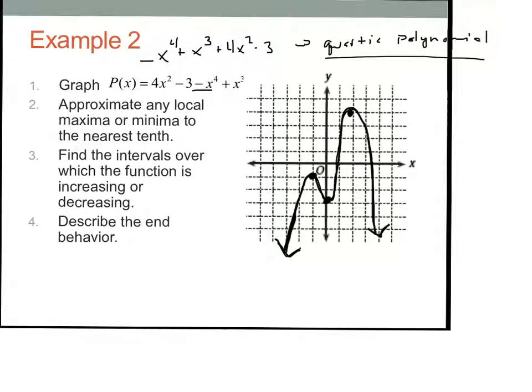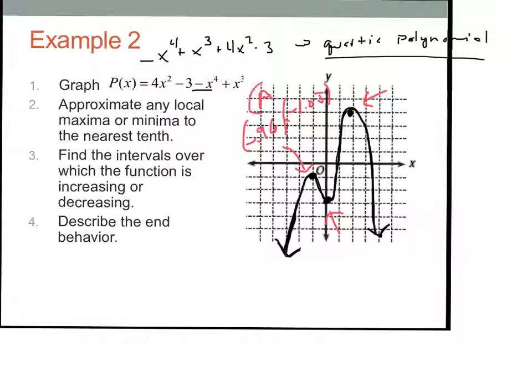So notice, because it's quartic, I have 3 turning points. I have this guy, and this guy. And our turning points are going to be our maxes and our mins. So this guy right here is a negative 0.96, negative 1.05.